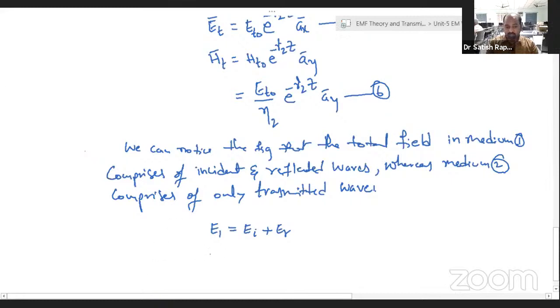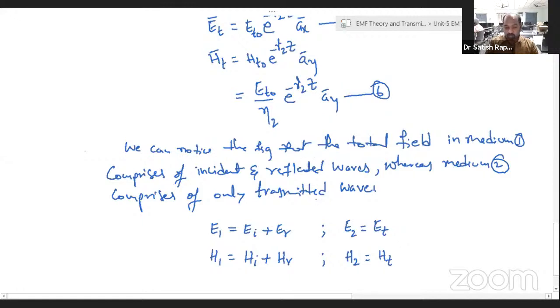And similarly, the total magnetic field in medium 1 is HI plus HR, right? So similarly, the total electric field in medium 2 is only ET, and the total magnetic field in medium 2 is HT, right? We have only transmitted fields in medium 2.